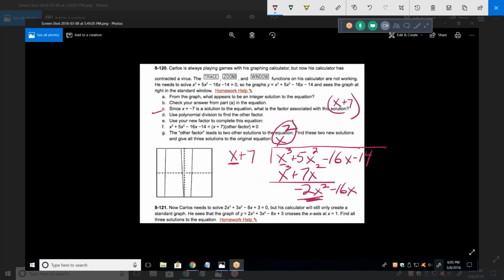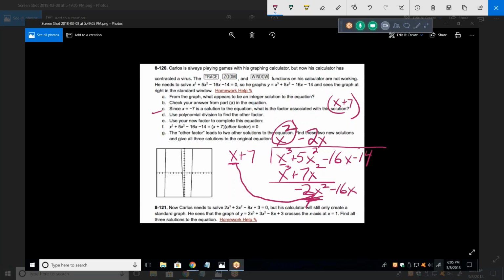Then you get negative 2x minus 16. Hold on. No, you don't. In other words, your first step is only dividing that into that. You don't divide it into everything. The first step is you only divide the highest term variable into the highest term variable. And you'll see why in a moment.